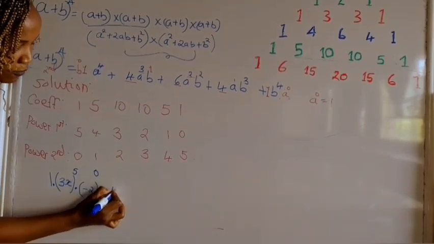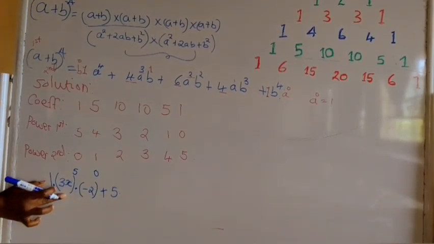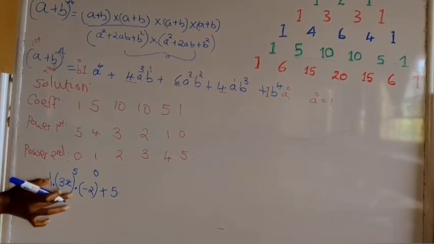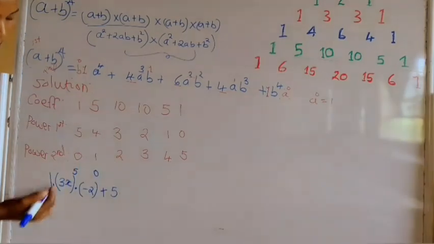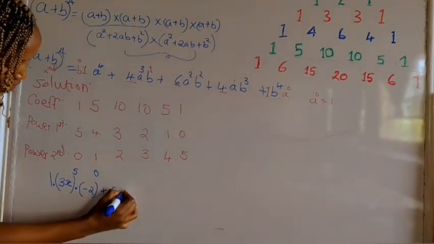coefficient 5 dot. So we look at now the power for the first term, it will be decreasing. For the second term, it will be increasing. I think you have registered that.